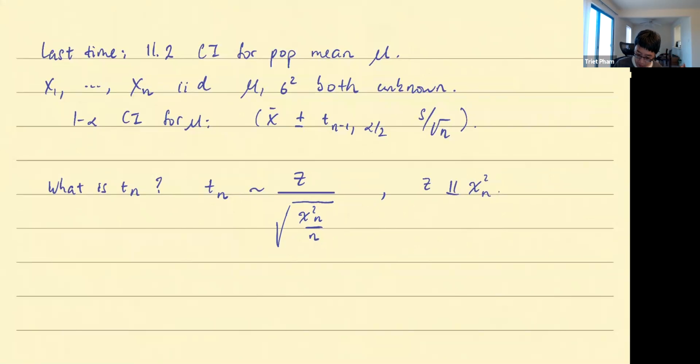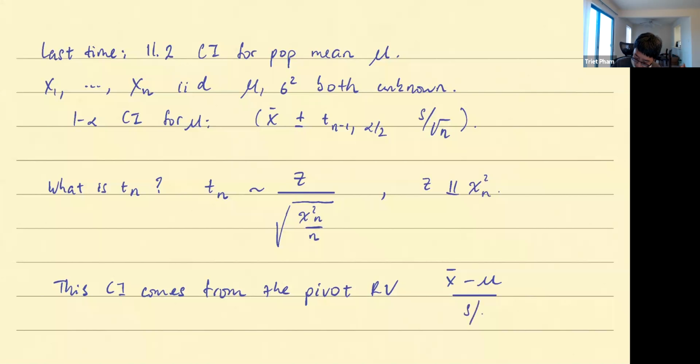Now, about why. This confidence interval, and you should always remember it is this confidence interval, not any other one, comes from the pivot random variable that is x bar minus mu divided by s over root n.